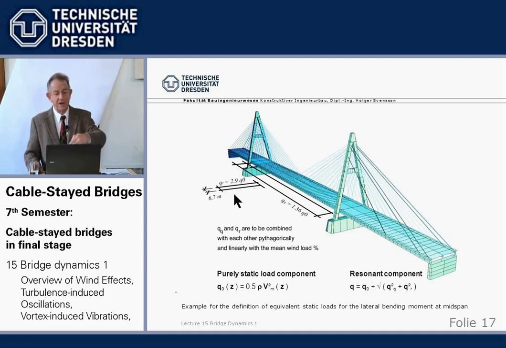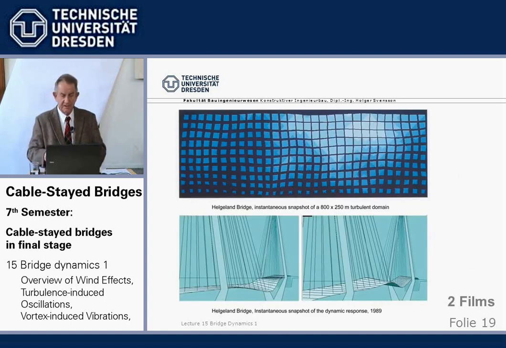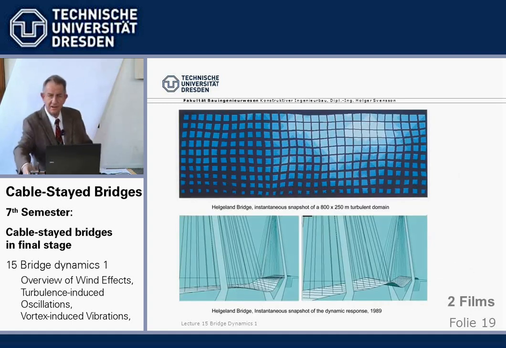And there we will have a great number of loadings, and we will get an envelope of moments, and from that we can calculate the stresses. That's basically Davenport's method.